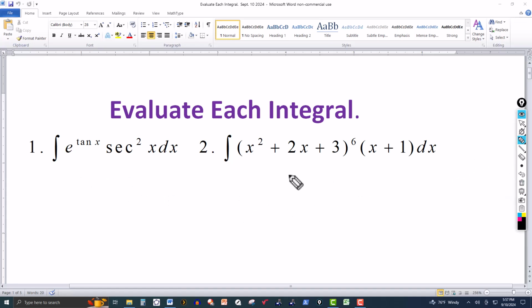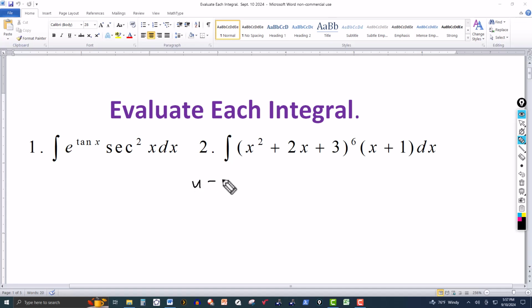Now in the second one, we have x squared plus 2x plus 3 in parentheses raised to a power. Sometimes you can let u equal what's inside the parentheses, but it makes more sense to do this.